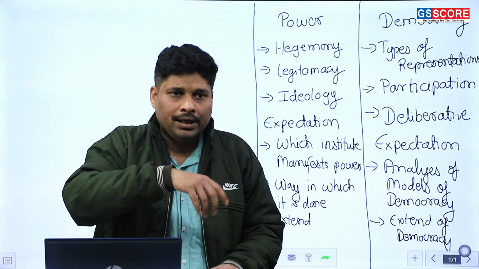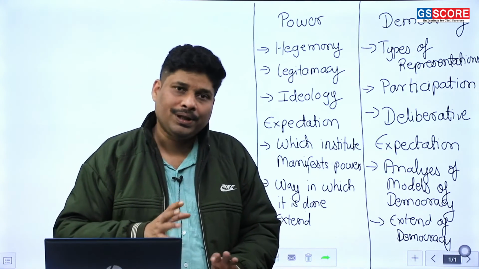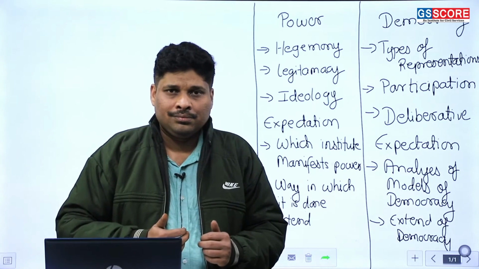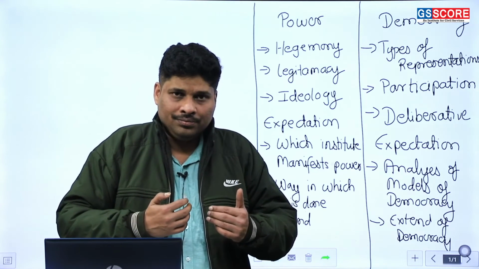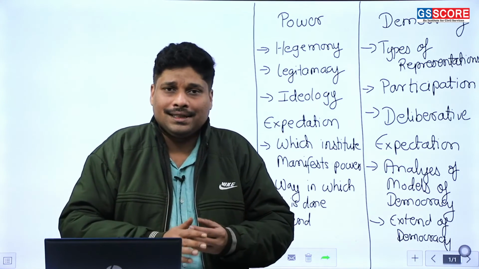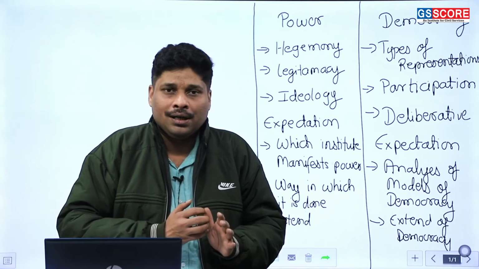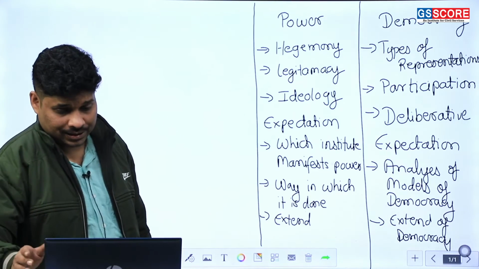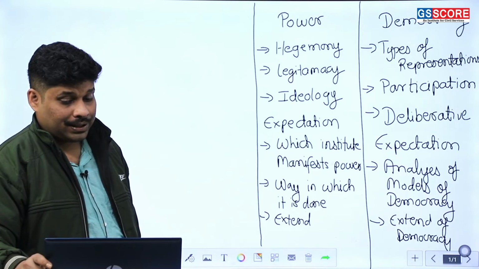By and large, people are accepting it now. Why? Because there is legitimacy. It is the decision of people to see the Supreme Court exercise that power and they are happy with it, to the extent, the way in which it is done and the extent to which it is done. That is expected of you to be known.